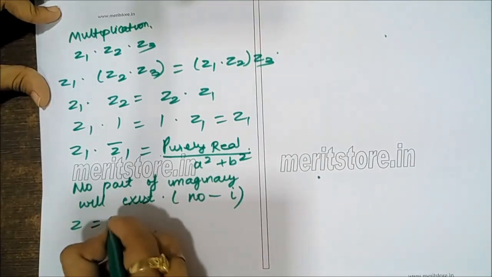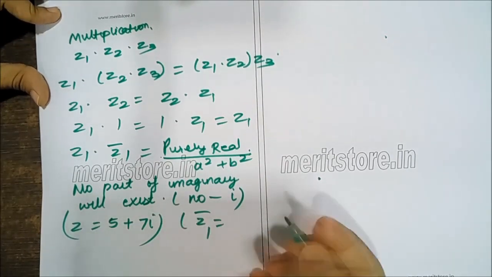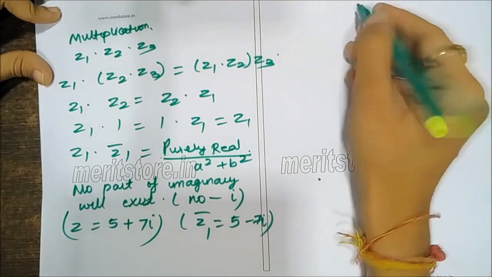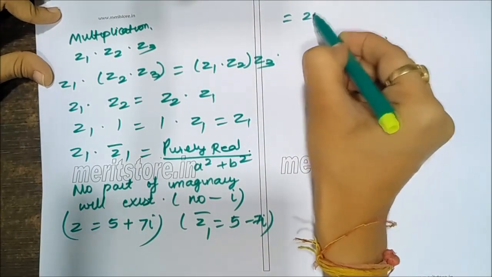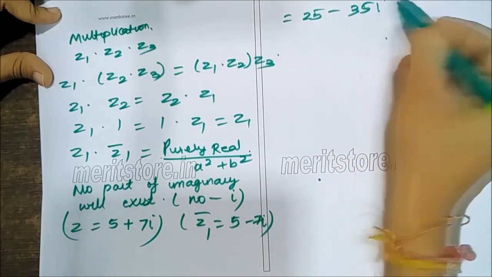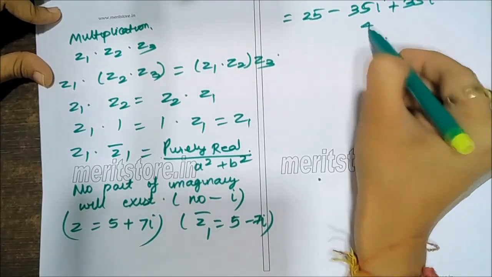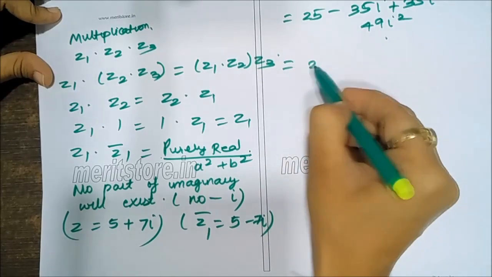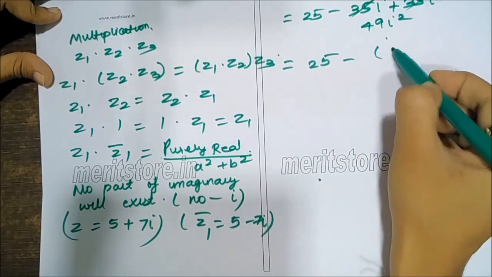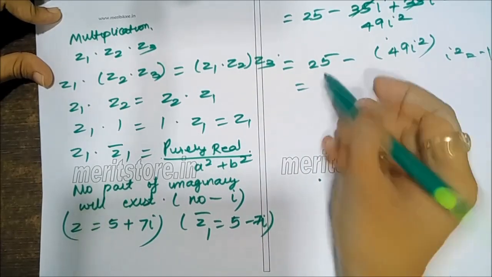So Z is 5 plus 7i. Z1 bar, the conjugate of this, is 5 minus 7i. So 25 minus 35i plus 35i minus 49i square. So 25, this just gets cancelled, minus 49i square. i square is minus 1.